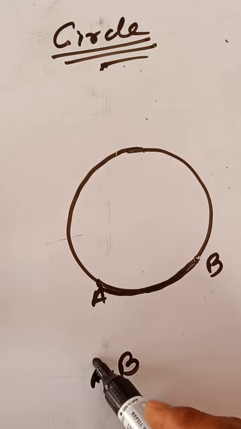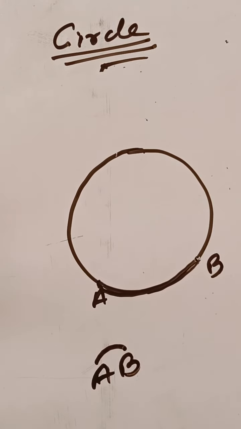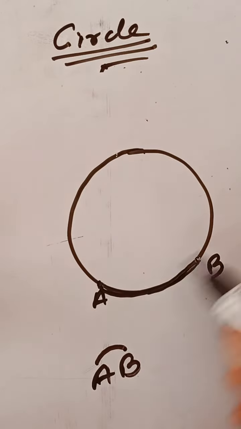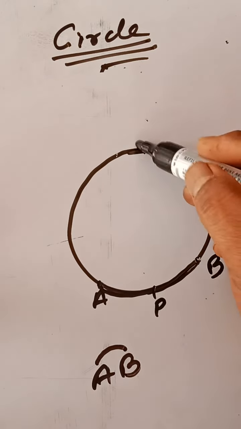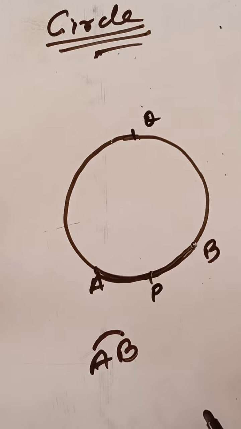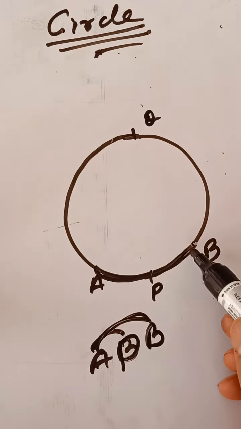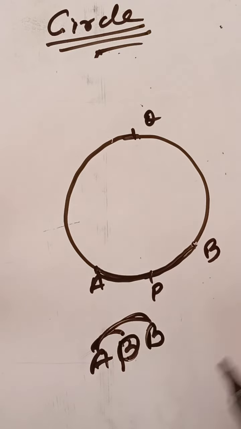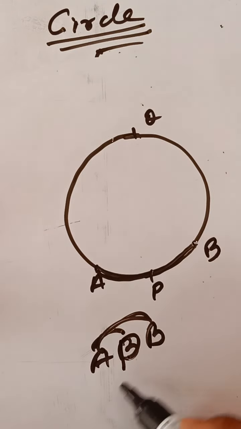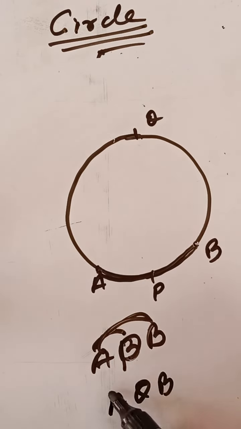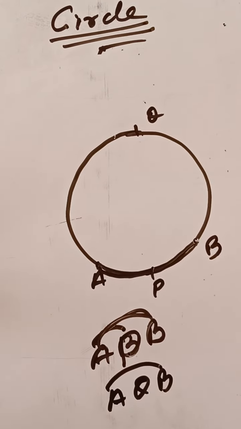Here it is represented that this is minor arc and this will be a major arc. Suppose if we name here P and name here Q, then this arc APB will be minor arc and this AQB will be major arc of the circle.